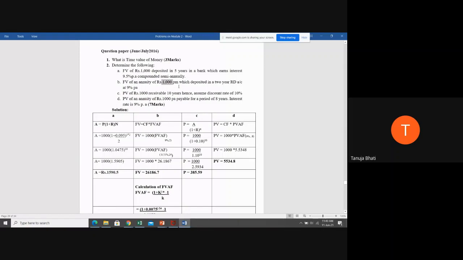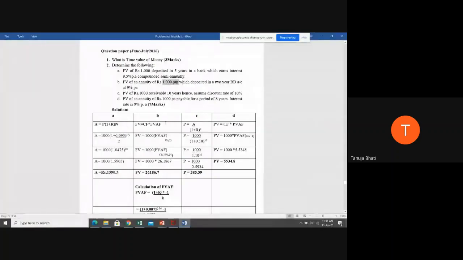So when it is monthly, what are we supposed to do with R and N? N is equal to 24 months. So what we have to do is divide R by 12 and multiply N by 12, because it is per month.